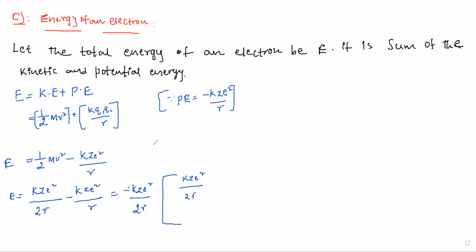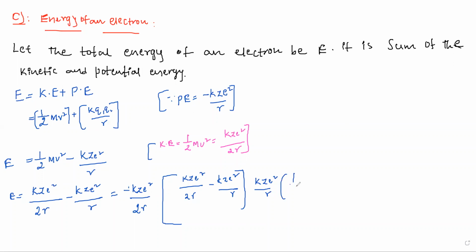How does this 2R come? Actually, this comes from the kinetic energy: the kinetic energy half mv square equals K Z e square by 2R. So K Z e square by 2R minus K Z e square by R. Now K Z e square by R is common.